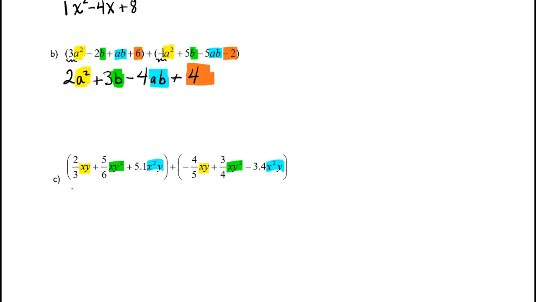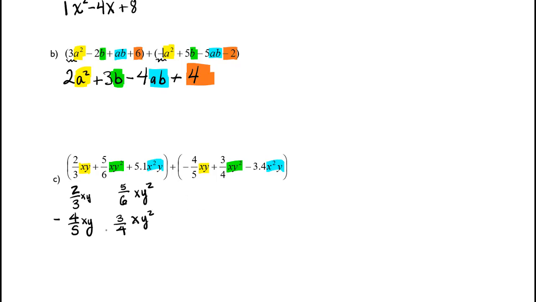So I'm just going to write 2/3. And remember, I'm adding, but this is a minus 4/5, so minus 4/5. And these are both xy terms. I have a 5/6 xy squared and a 3/4 xy squared.